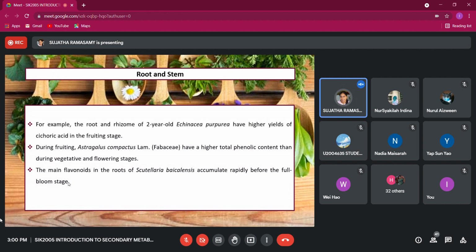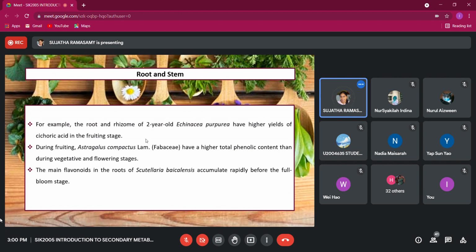When you see ada nama purpurea ni, maksudnya warna purple. They found that they have higher yields of cichoric acid, a type of secondary metabolite, during the fruiting season. Okay, at all stages they harvested. During the fruiting stage, cichoric acid is higher.